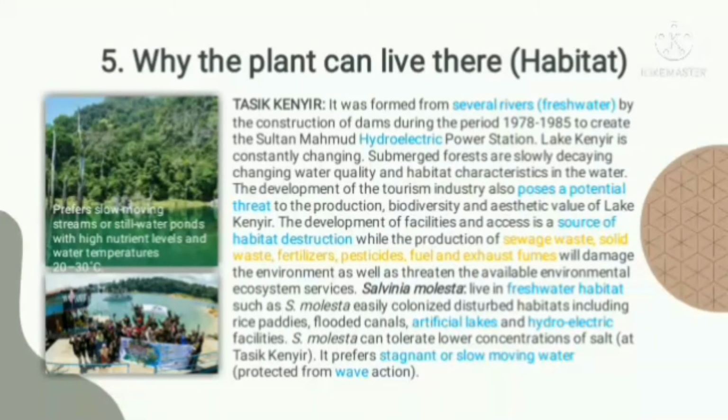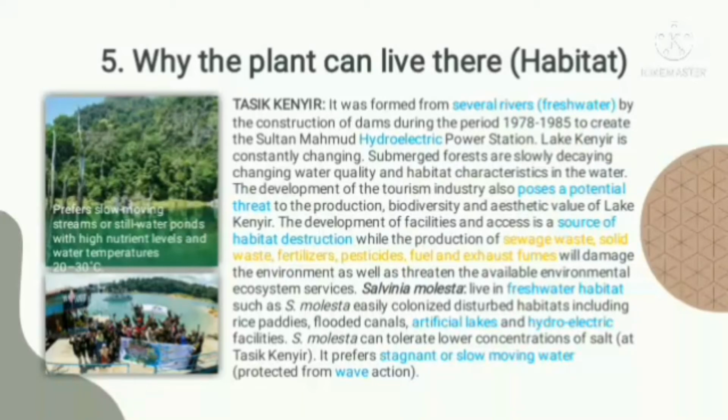So Salvinia molesta will live in Tasik Kenyir to solve this problem, because Salvinia molesta easily colonizes disturbed habitats including artificial lakes like Tasik Kenyir and hydroelectric facilities.